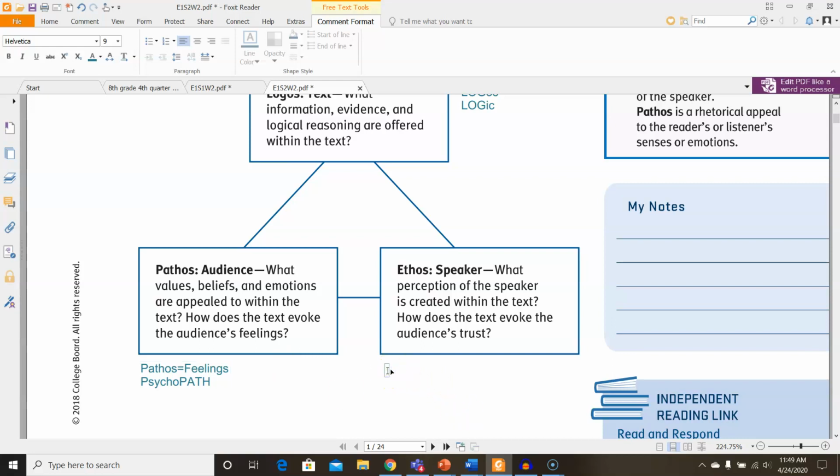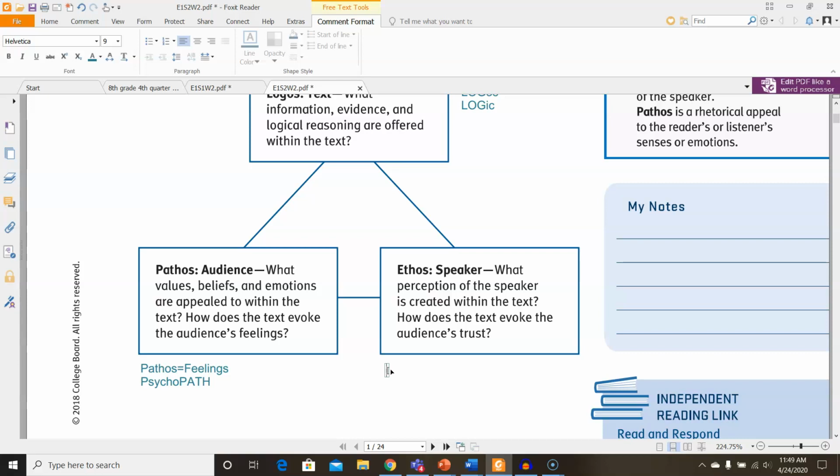So ethos, or speaker. This is where the speaker is trying to convince you that they're somebody worth trusting or believing. And they can do that in a variety of ways. So you're trying to think of the speaker as an entity that's trying to gain your trust by making themselves seem appealing to you in some way.